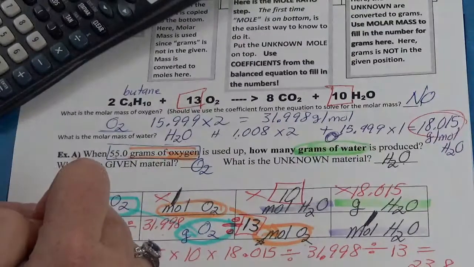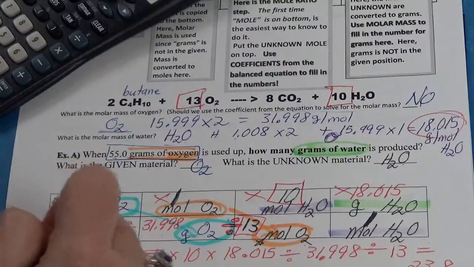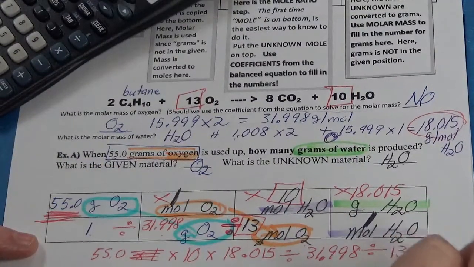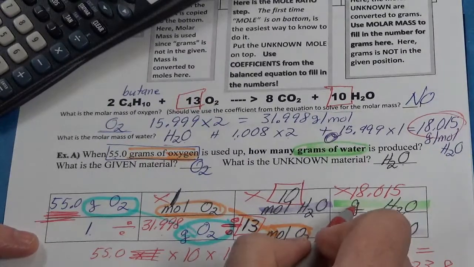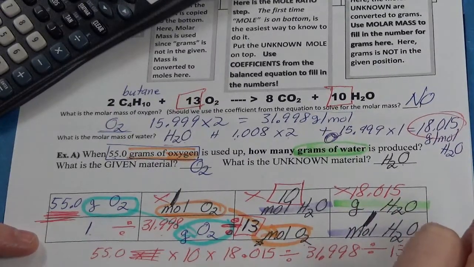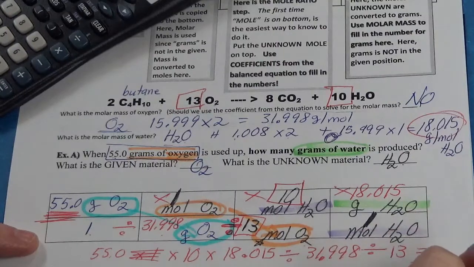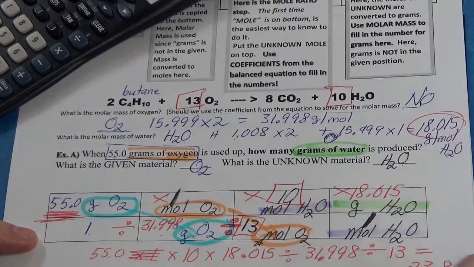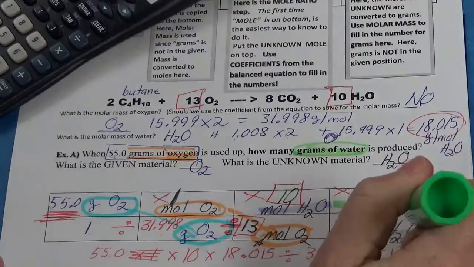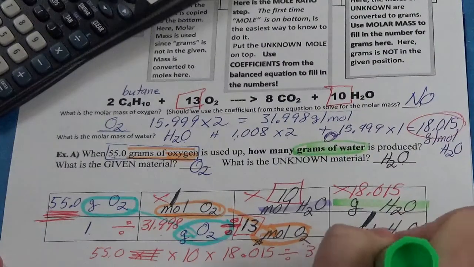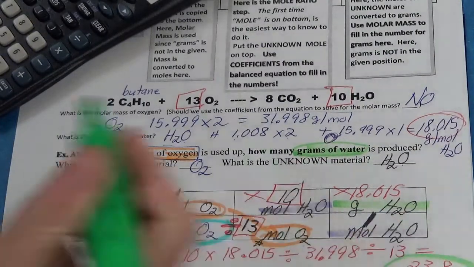Since I have 3 significant figures in my given, that's how I'm choosing 3 significant figures at the end. It says grams, I'm going to put grams, and it's grams of water.